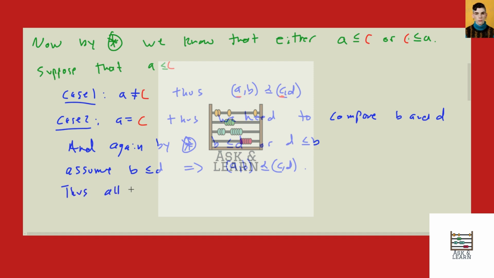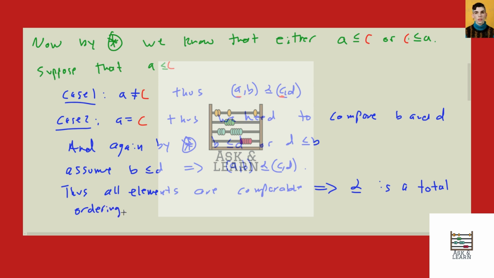Thus, all elements are comparable, implying our ordering is a total ordering.